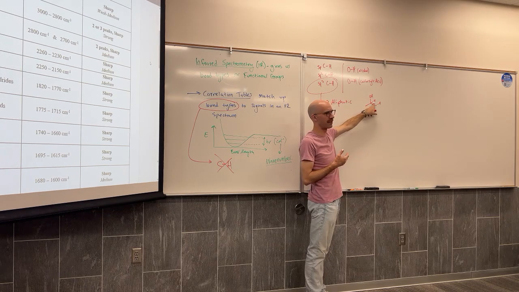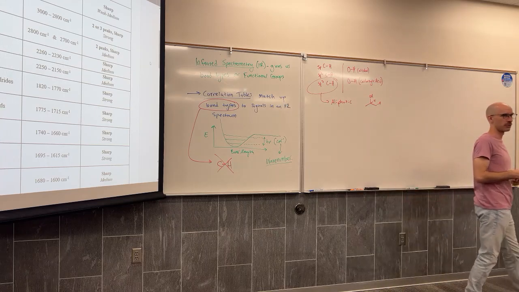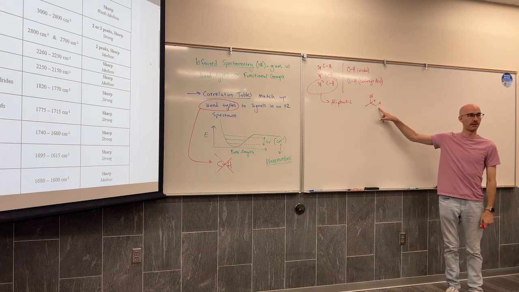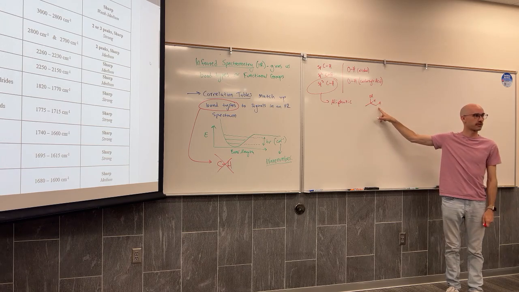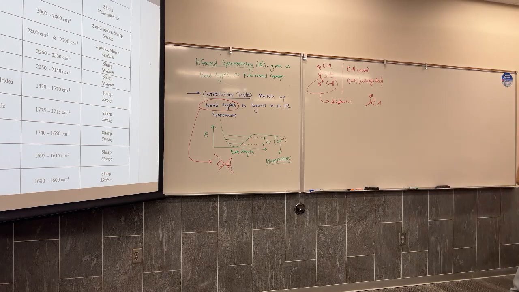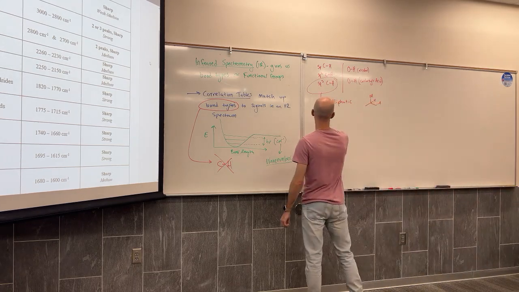But this CH bond is not alkane because that carbon is bonded to an alcohol. So we'll use aliphatic to describe both of those bonds because they're both sp3 CH. Sound good? Don't want you to feel confused by that word. It's not anything trippy. All right, just like mass spec, I want to give you guys what the spectrum looks like.